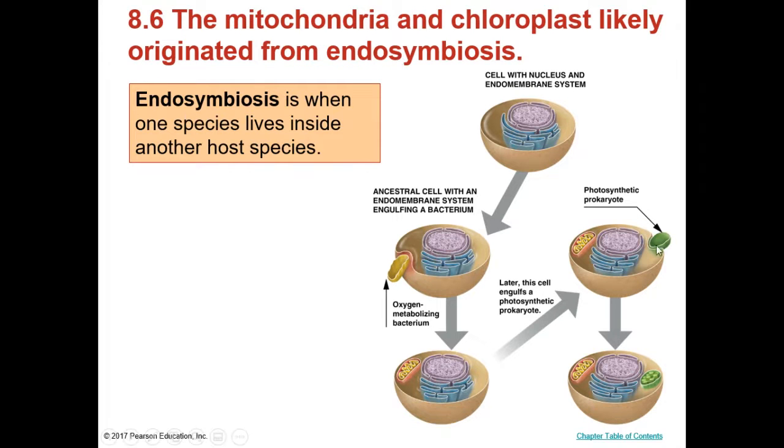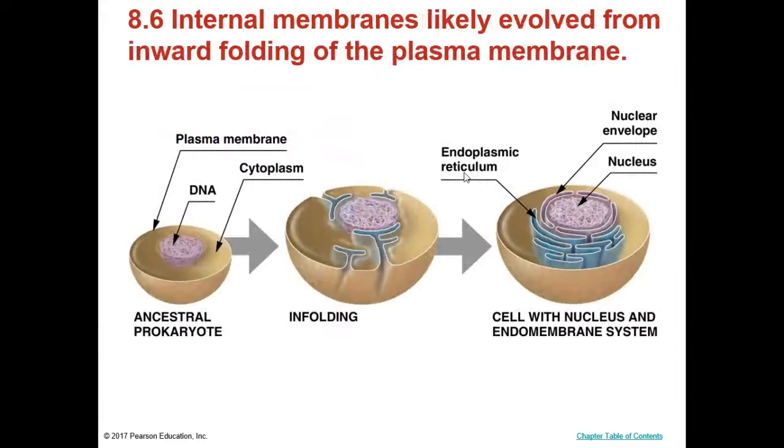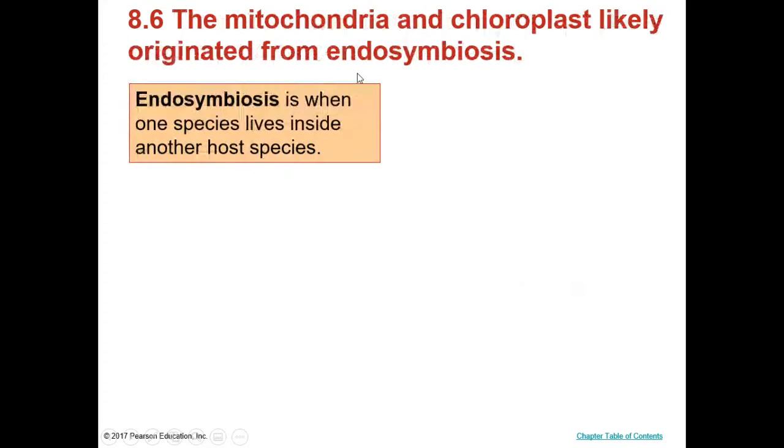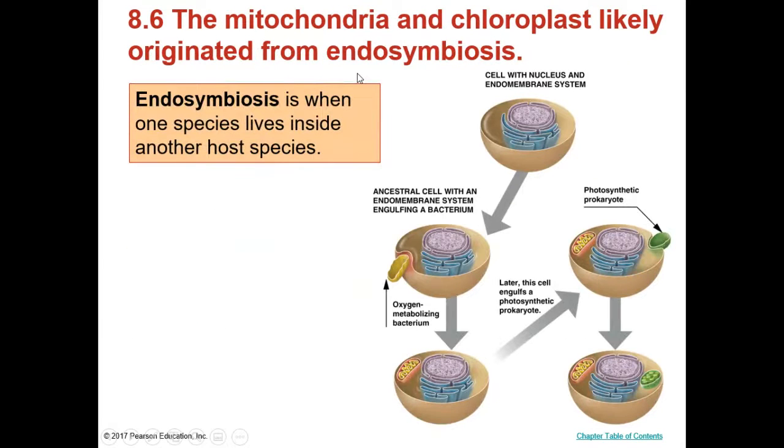The way it happened was first by an infolding of the membrane of these protocells, these early cells. This is an ancestral early prokaryote. There were infoldings in their membranes, which allowed the formation of the endomembrane system, which we've already talked about. It refers to the nuclear membrane and the endoplasmic reticulum, which essentially makes a eukaryotic cell.